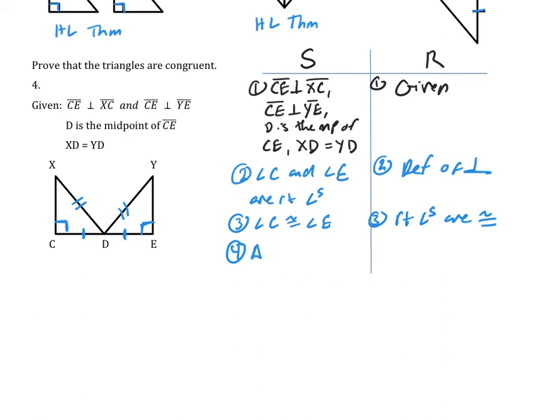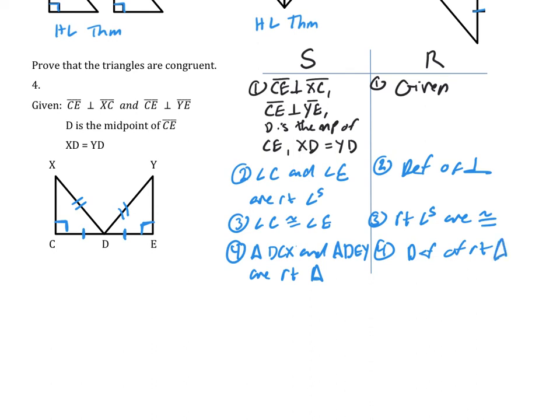So triangle DCX, and remember to pay attention to your ordering, and triangle DEY, going D, then across the single side to the right angle, are right triangles. That's because of the definition of right triangles: they have right angles, therefore they are right triangles.